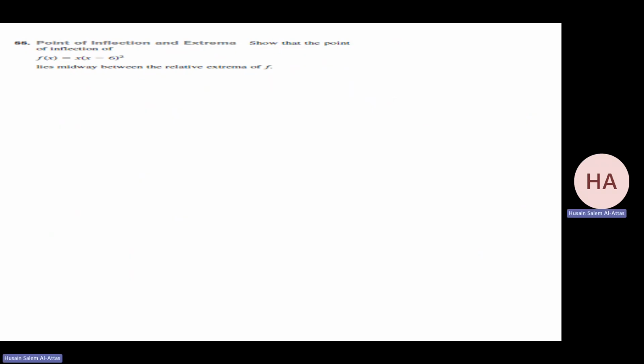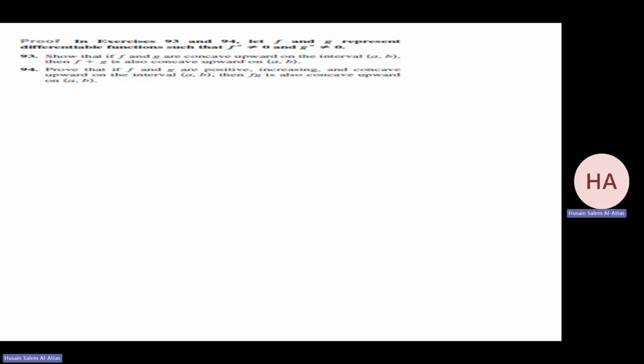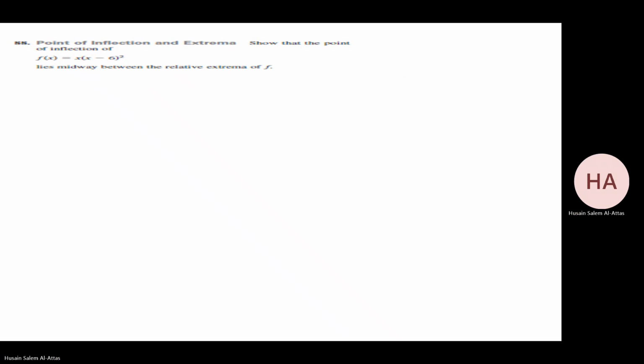Okay, 88. Three more problems to go. This is 88. It says point of inflection and extrema. Show that the point of inflection of this function lies midway between the relative extrema of f. It means I need to find the relative extrema and the point of inflection.